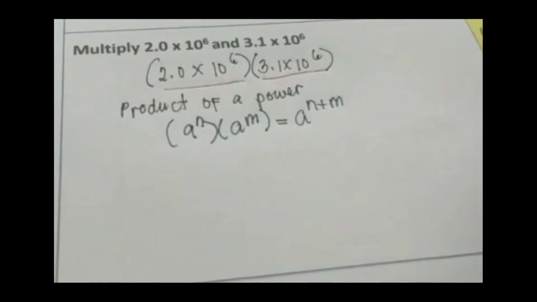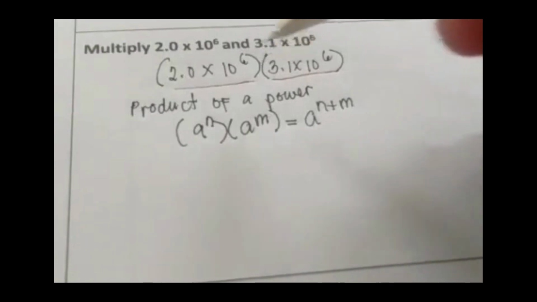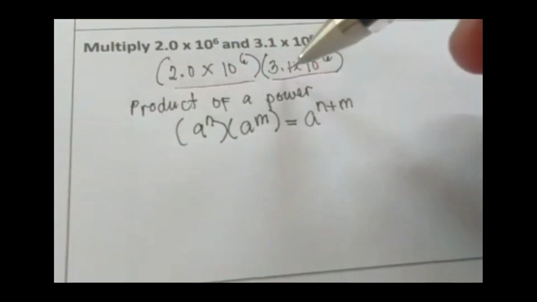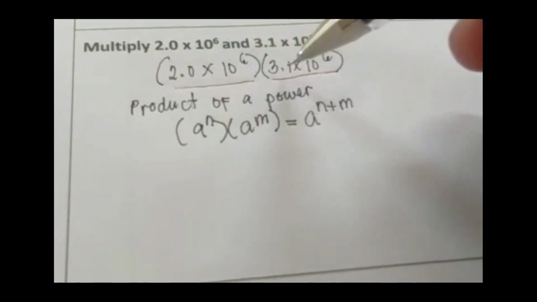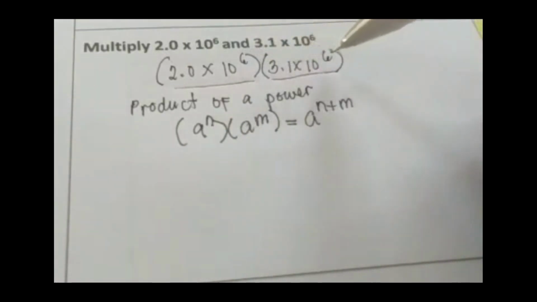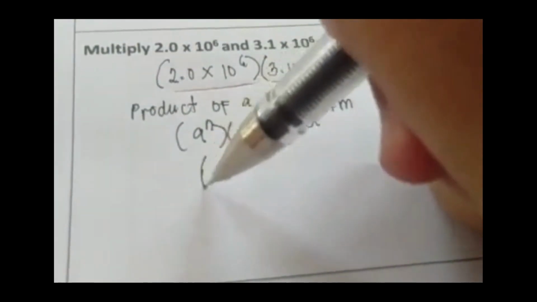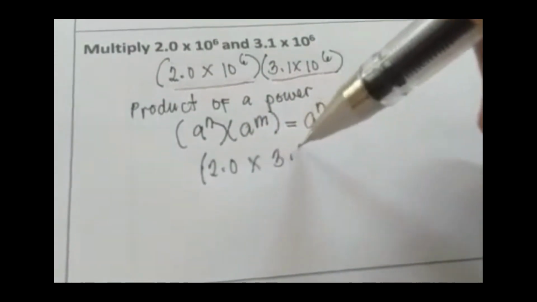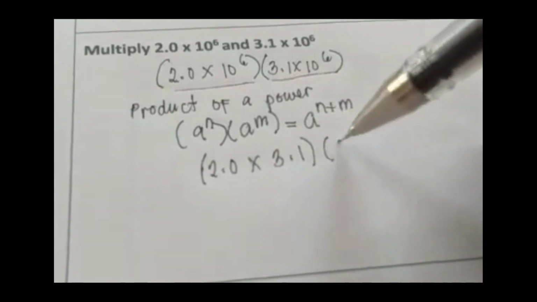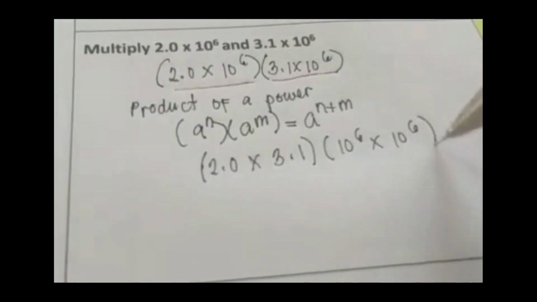So in this example, we have 2.0 as the first factor, and the second factor is 10 to the power of 6. For the second scientific notation, 3.1 times 10 to the power of 6. So we will multiply the first factors first, so that will become 2.0 times 3.1 multiplied by 10 to the power of 6 times 10 to the power of 6.